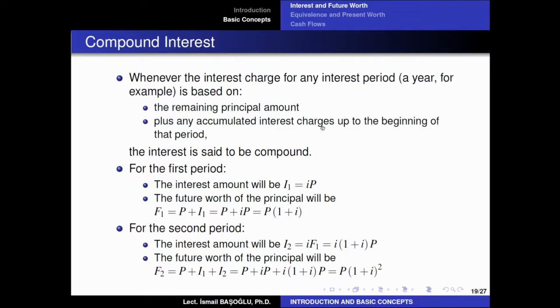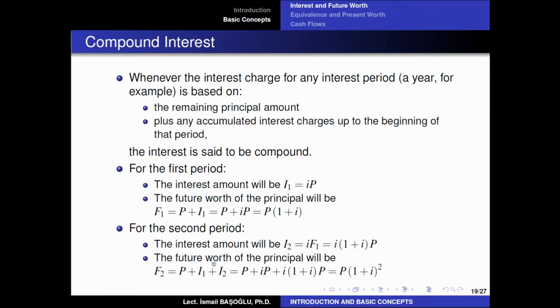So this means what? You are paying interest on the interest as well, not just on the principal amount. You are also paying on the total accumulated interest, then this interest is said to be compound interest.